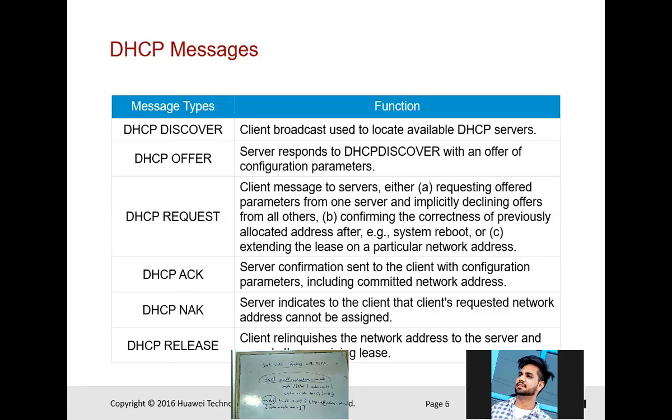So that is the server configuration. The server sends the request acknowledgement message back: your IP is okay. If the server sends a negative acknowledgement, that means change your IP address. Then DHCP release, that is log off from the network or after 24 hours. So these all are the DHCP messages.